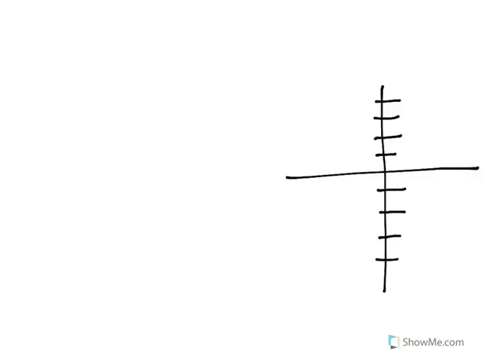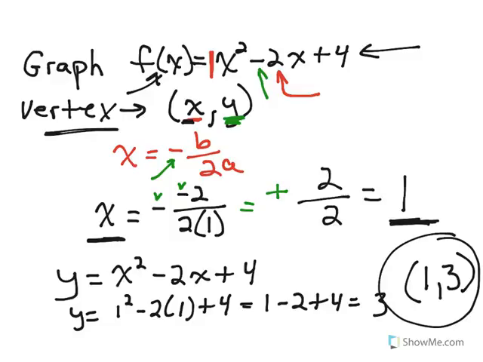Now on a graph, we can plot that coordinate 1, 3. X is 1, y is 3. The vertex sits right here. Now we need to determine, is our vertex going to open up or is it going to open down?